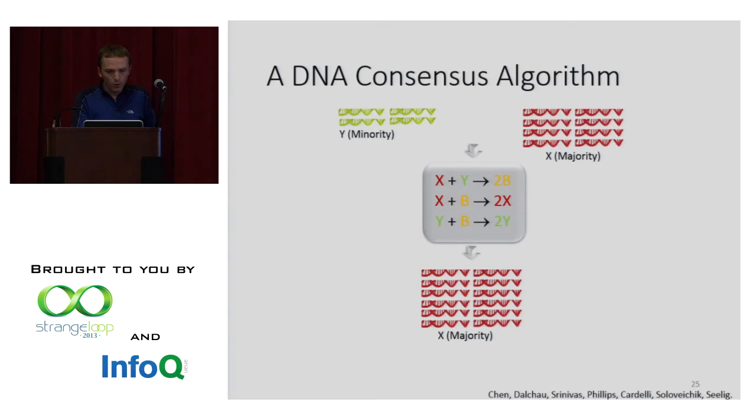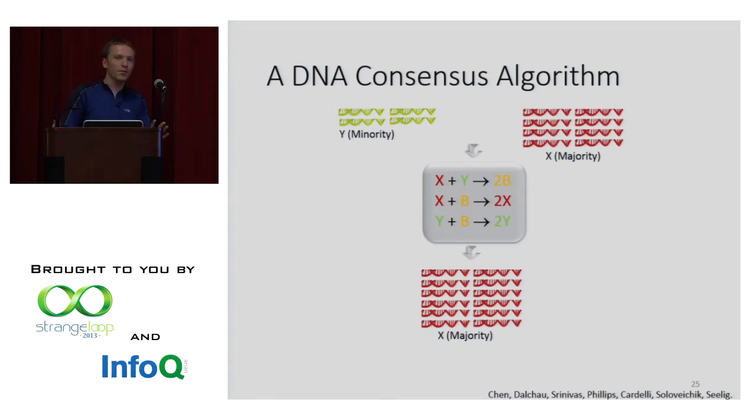So what we did was build a series of chemical reactions. This is an indirect way of going about it, and what you have to do in practice is even more indirect. But what you're doing is every time an X and Y meet, they combine and turn into some kind of intermediate molecule. Every time an X bumps into this intermediate molecule, it turns into 2X.